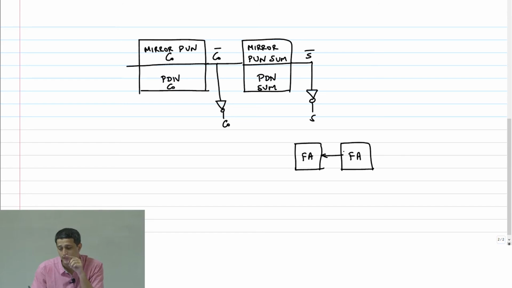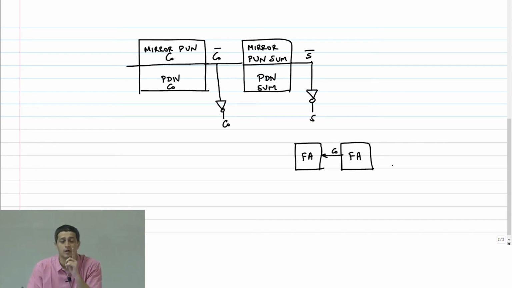So what is happening is, in order to generate C out here, I have to go through that extra inverter, and then feed it into my next stage. If you look at the number of inverters on this path, you're going to have one inverter per full adder. So you're effectively adding n more inverters on the path, and you're going to increase the delay.